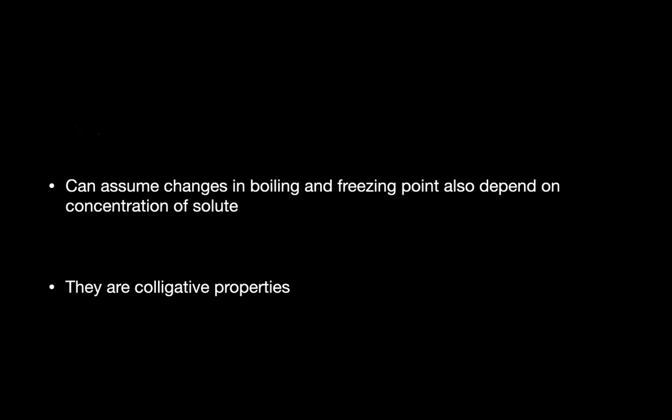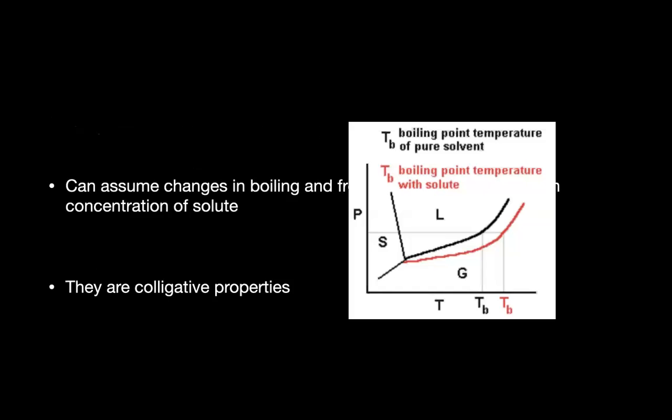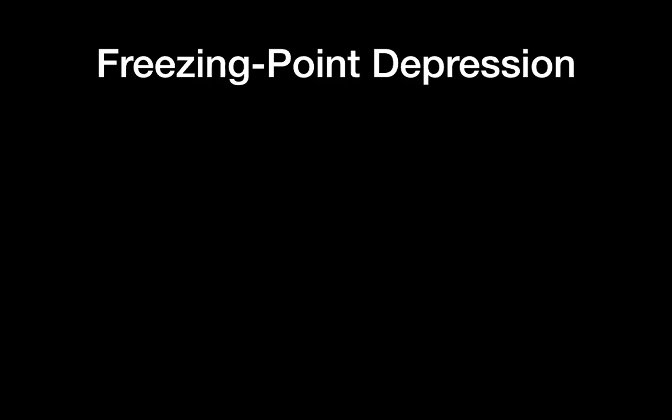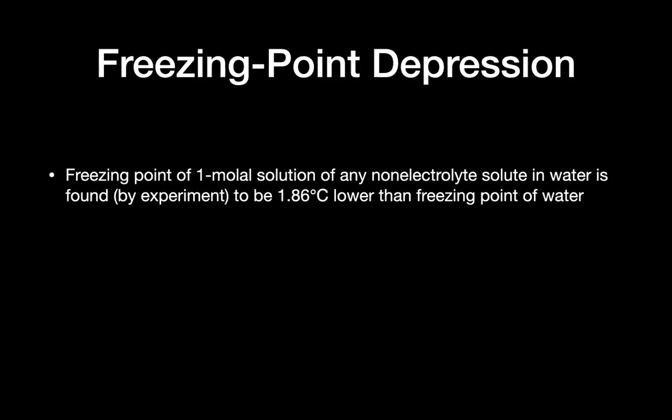Okay, so boiling and freezing point also depend on concentration, so they are also colligative properties. Now, we'll start with freezing point, and we call it freezing point depression. By experiment, we find that with water, a 1 molal solution of a non-electrolyte solute will lower the freezing point of water by 1.86 degrees Celsius.